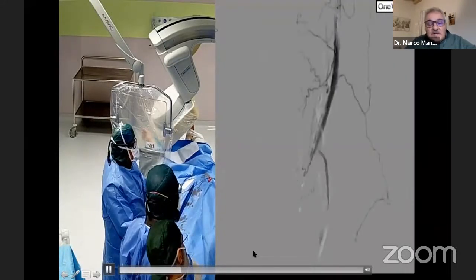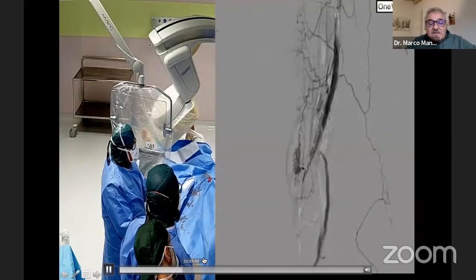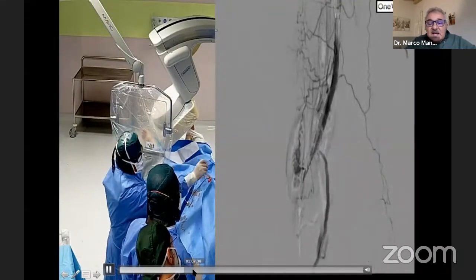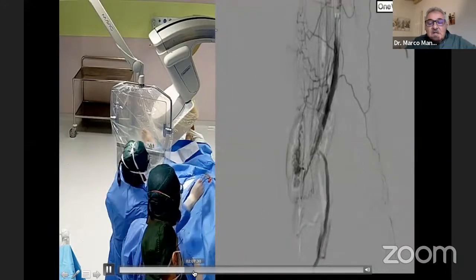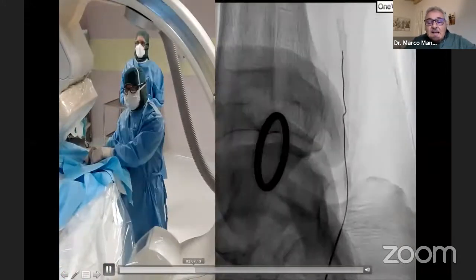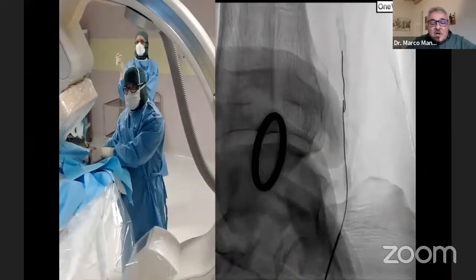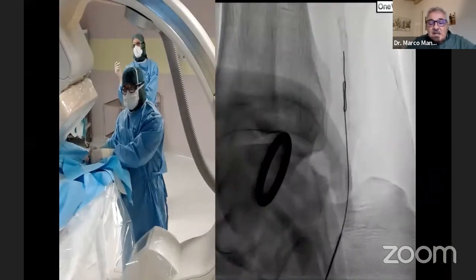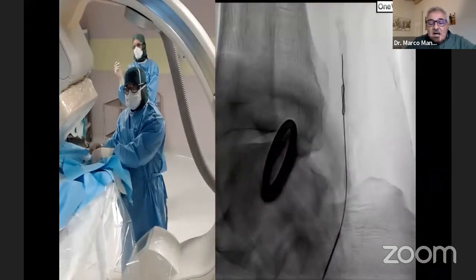So we realized we cannot leave the patient with this situation, and so we shift into a retrograde distal puncture of the posterior tibial artery in the common plantar artery.